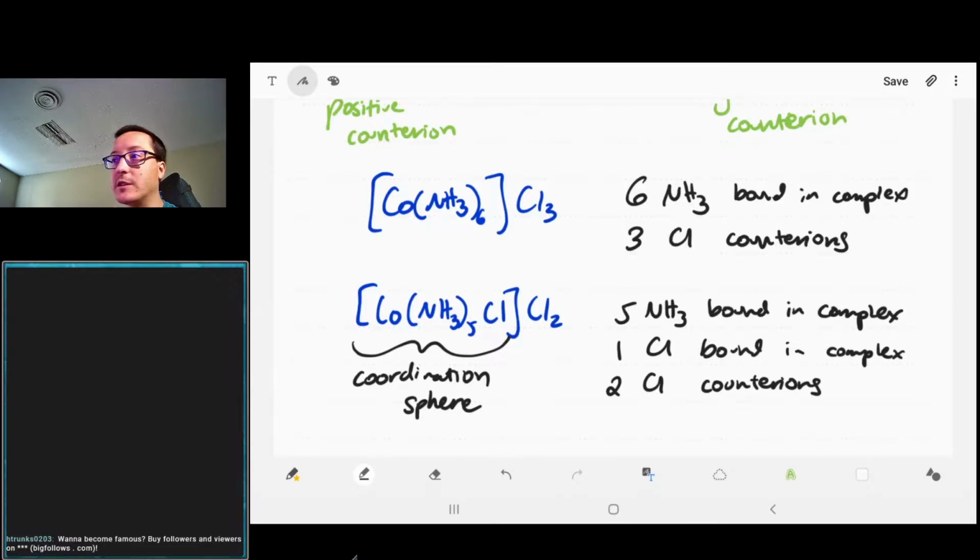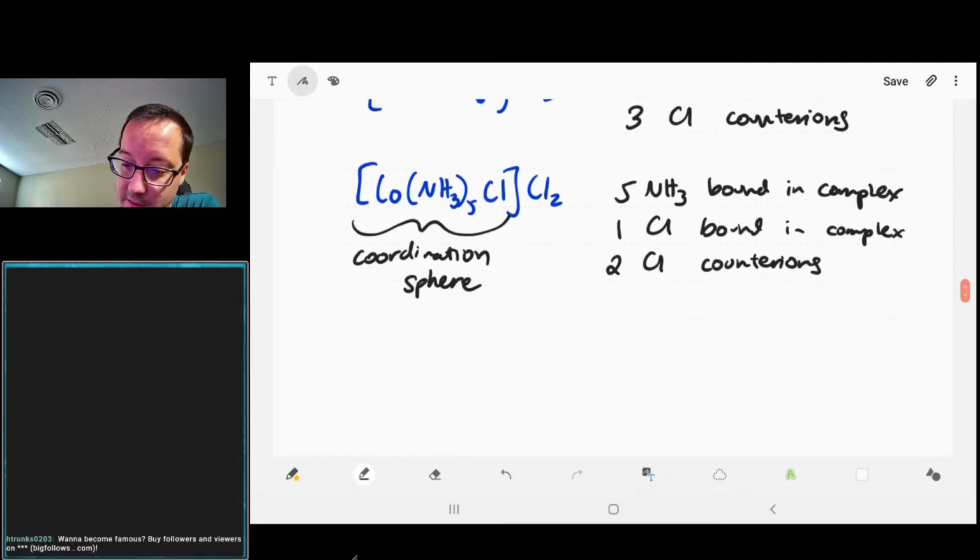What's important to know is that if we were to dissolve these compounds, most of them would be soluble because they're ionic, right? We're going to see that counter ions will just dissociate away. They'll go float off into solution elsewhere. But things stuck on your coordination sphere do not dissolve. They don't break off.